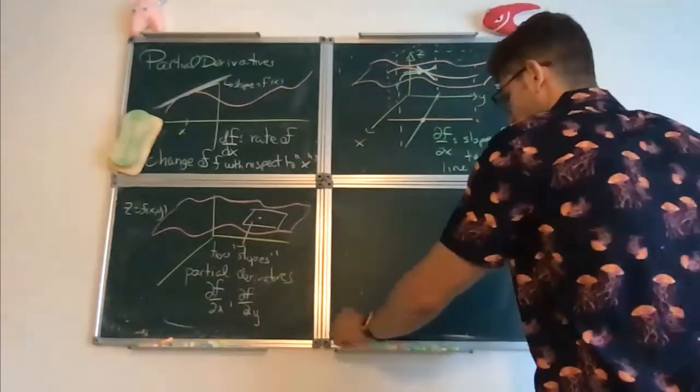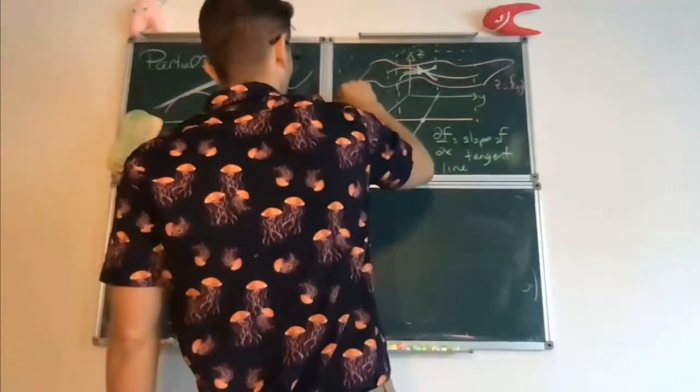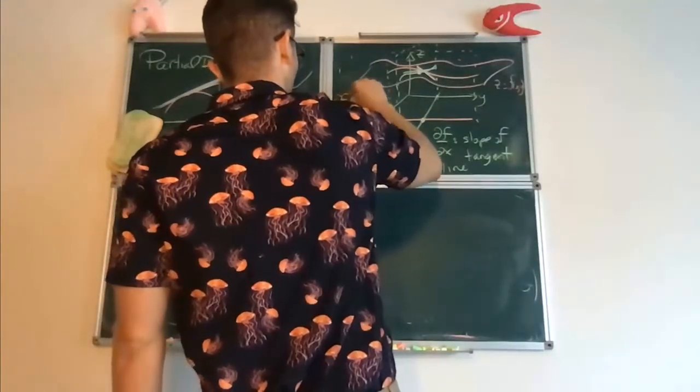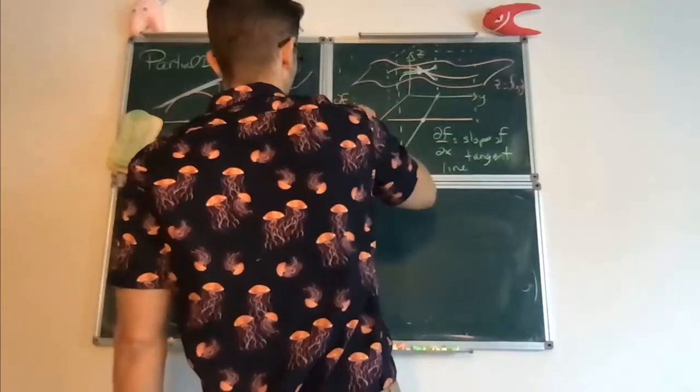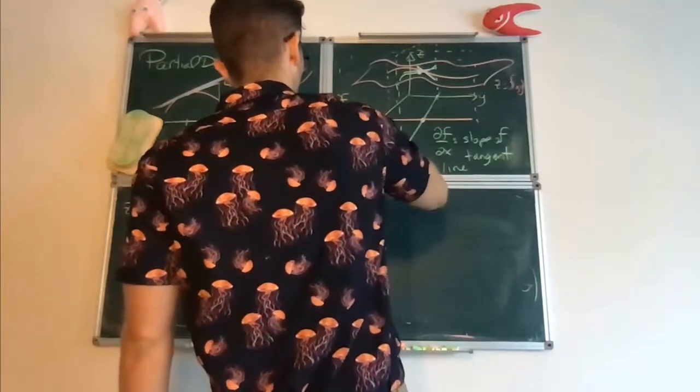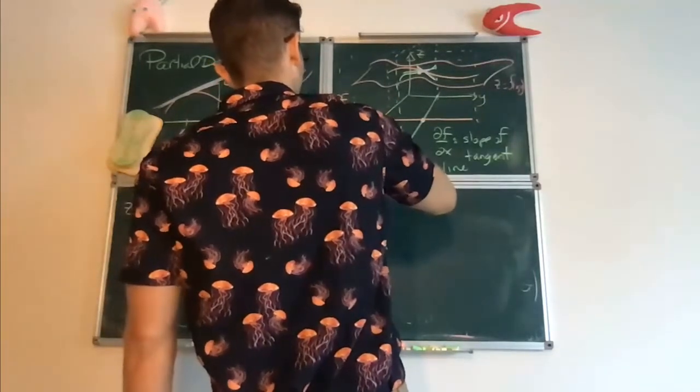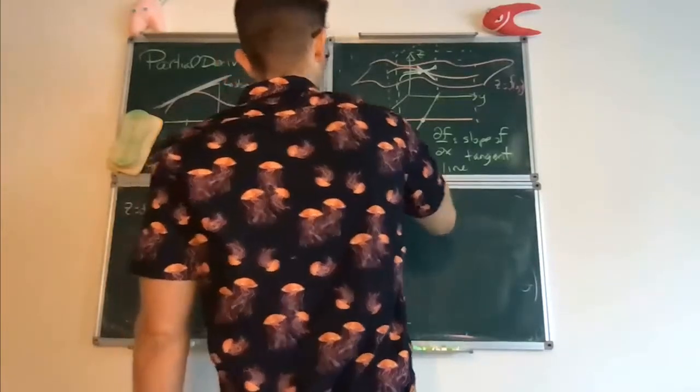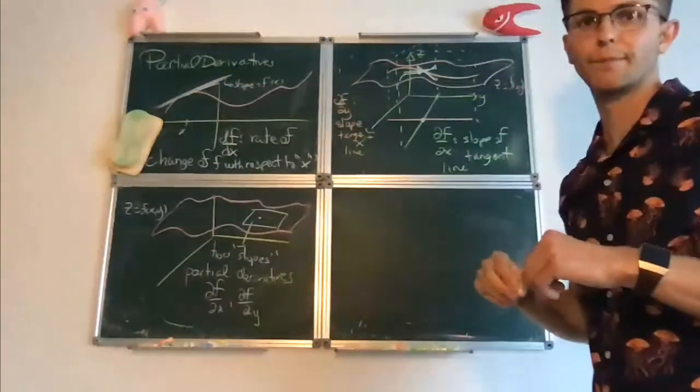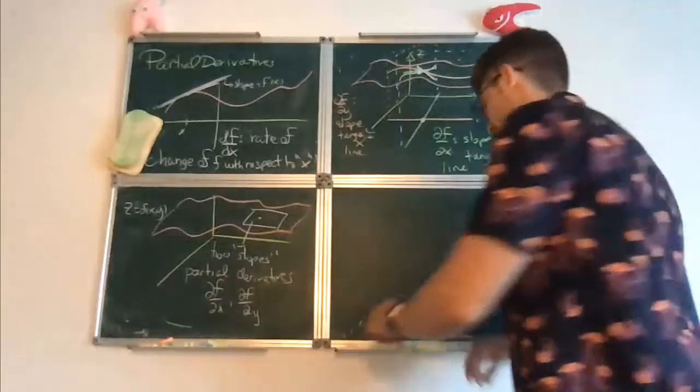Okay? And the partial derivative of f with respect to y is the slope of that other tangent line. So they both have the same meaning. It just depends which of the two variables you're changing.